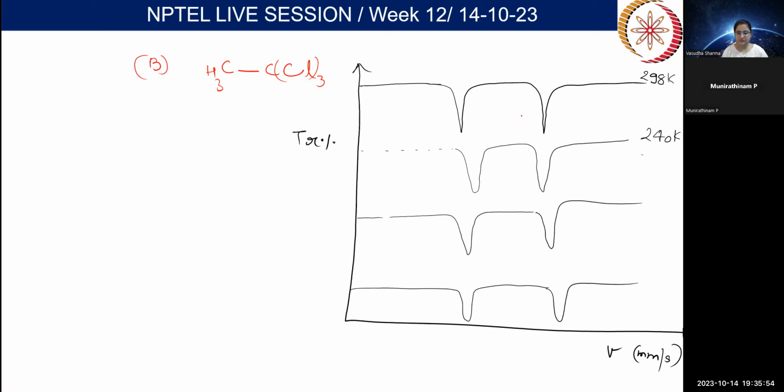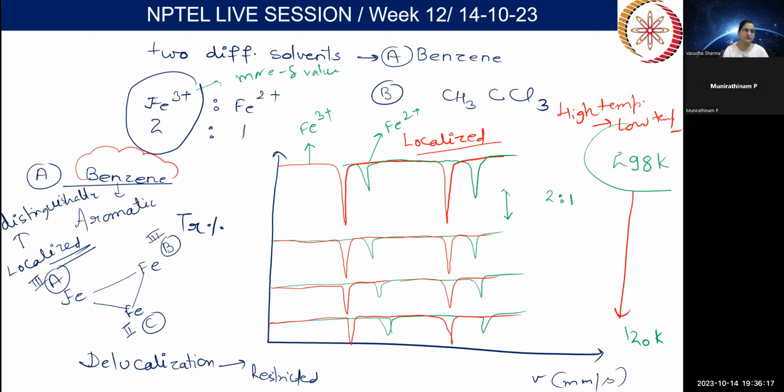what has been observed is that here 2 peaks were merging, and as the temperature was decreasing, the peak started coming and its intensity was increasing as we were reducing the temperature. So in the earlier case, we saw similar kind of spectra.